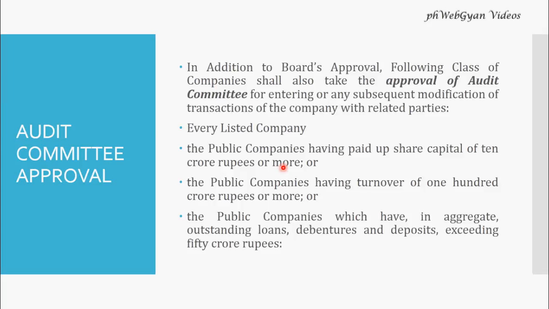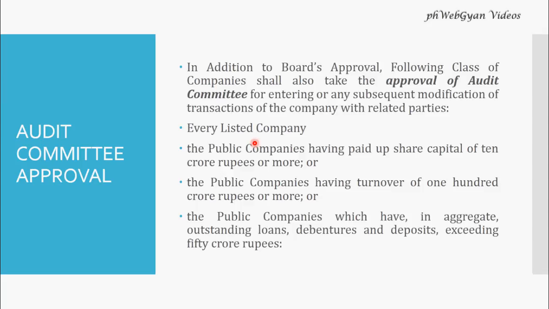So let us see what all are the companies. First of all, every listed company. Secondly, all the public companies having a paid up share capital of 10 crores or more. Then public companies having a turnover of how much? 100 crores or more. Then public companies having an aggregate outstanding loan, debenture, deposit exceeding 50 crores.